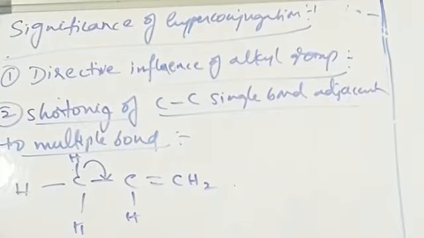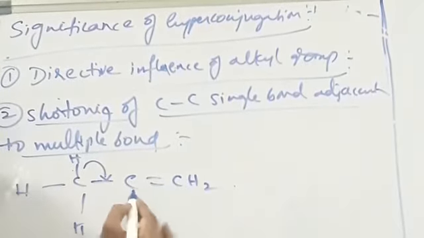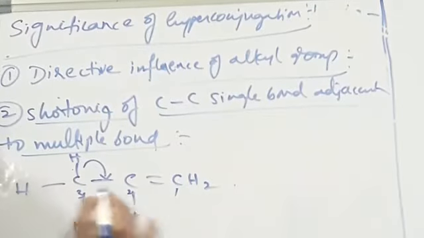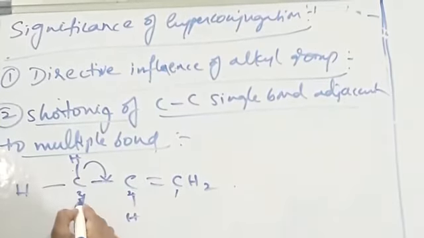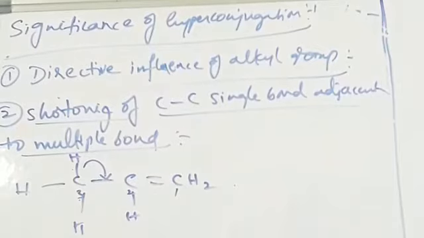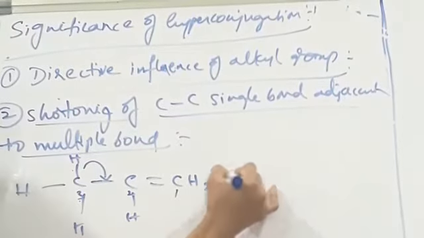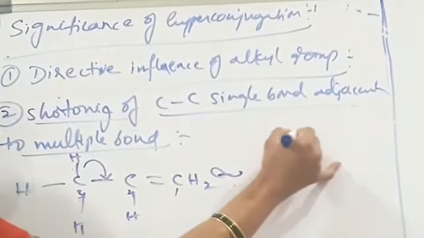So due to this, the length between the second carbon and third carbon decreases. So we will get a resonating structure like this.